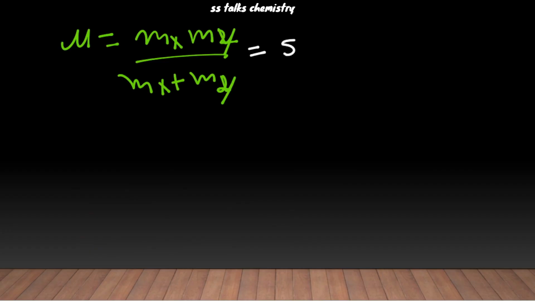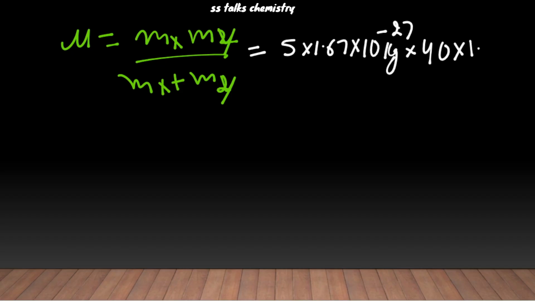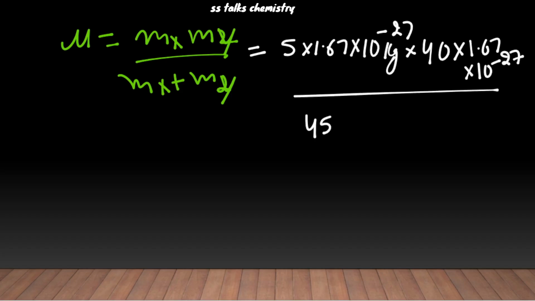So 5 amu means 5 into 1.67 into 10 to the power of minus 27 kgs, into the y mass which is 40 into 1.67 into 10 to the power of minus 27, upon m1 plus m2, which will become 45 into 1.67 into 10 to the power of minus 27. So this and this will get cancelled out.